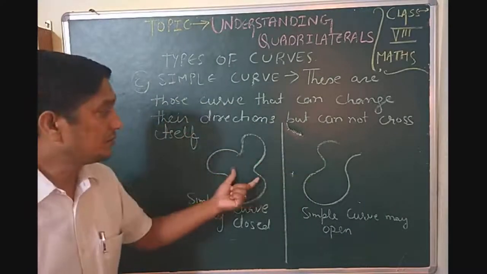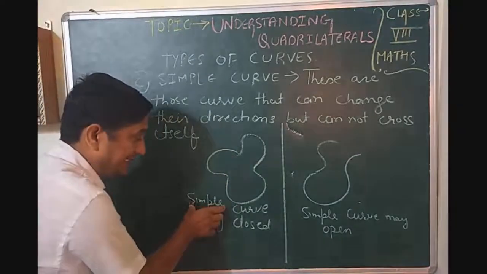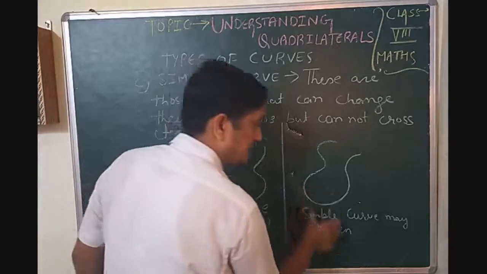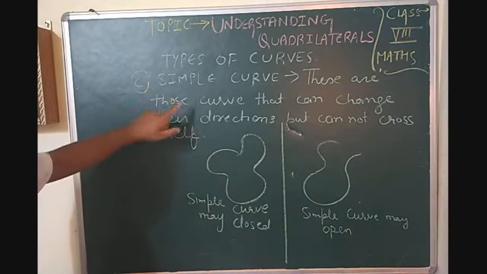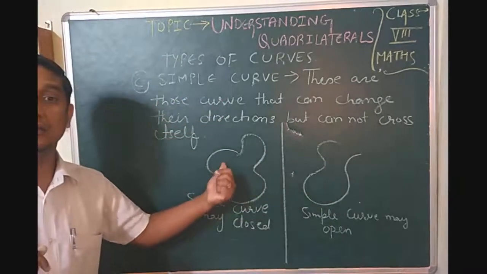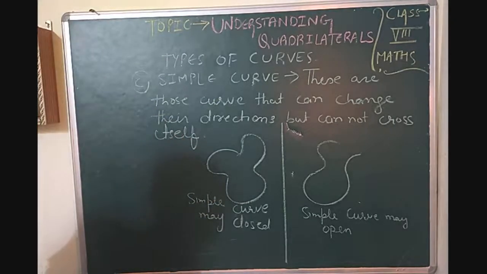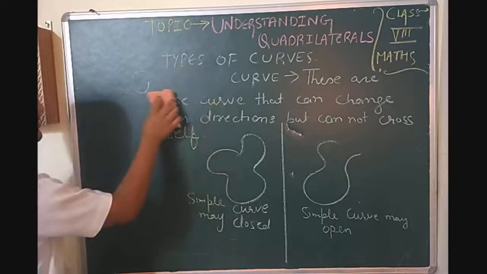All these two. This is what? This is closed, so we can say that these are the simple closed curves. These are the simple open curves. So children, you must remember, simple curves may be open, may be closed. The next one is the fourth one.